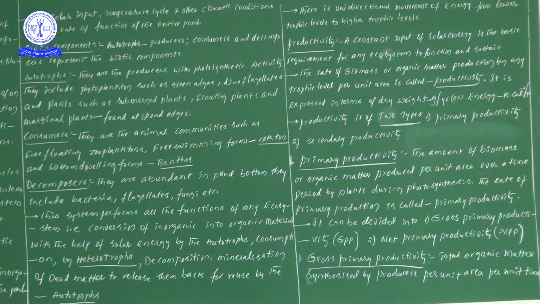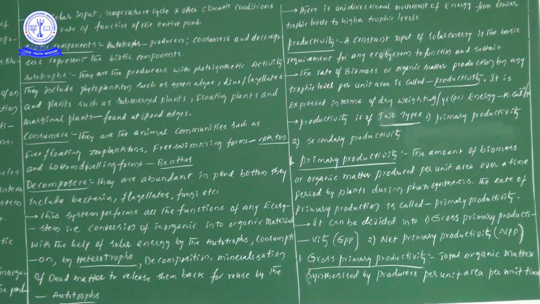Let me explain one more time. First of all, inorganic materials are there. With the presence of solar energy, autotrophs convert that inorganic matter into organic matter. Later this organic matter is consumed by heterotrophs. Later decomposition, then the mineralization process takes place.